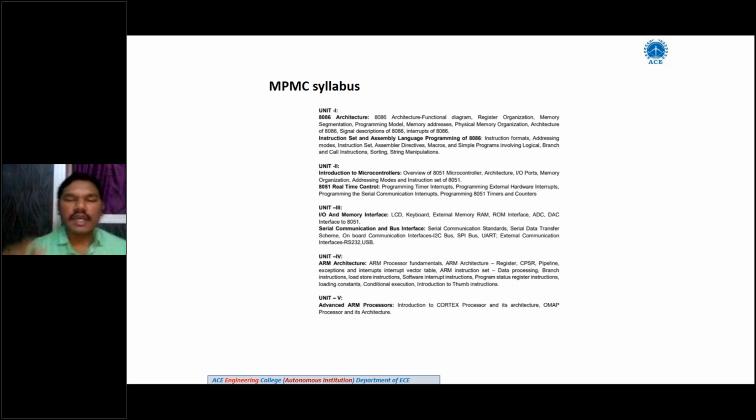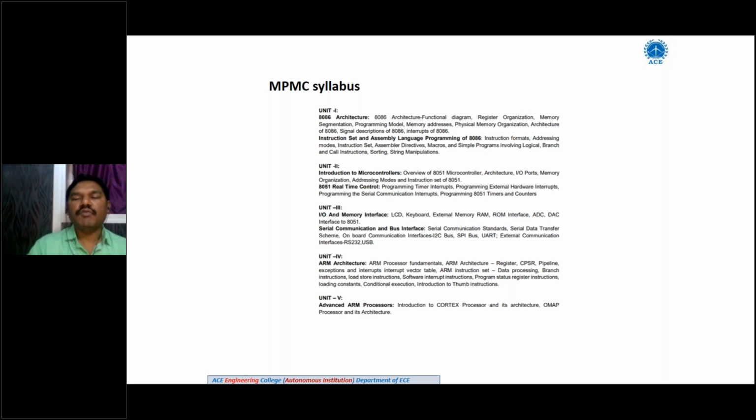And today I would like to explain how to interface RAM and ROM memory and ADC and DAC converter circuits to 8051. Sometimes these ADCs and DACs are on chip for some microcontrollers, but some 8051 microcontroller based chips don't have on-chip ADC and DACs.